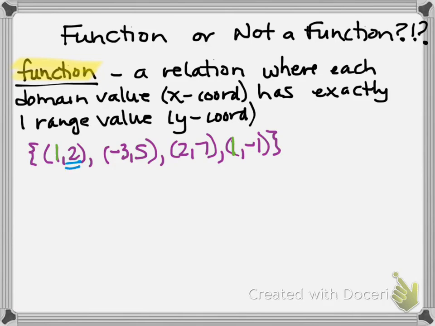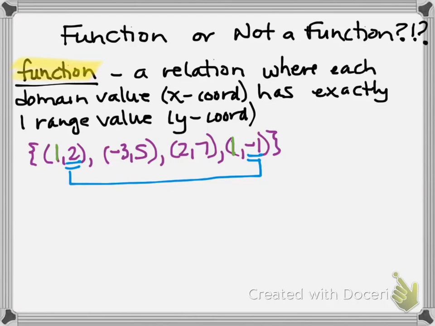The range value for the first one was a 2. The range value for the second time 1 showed up was a negative 1. Does that meet the definition that there's exactly 1 range value for that domain value? Those are the same? Okay. Yes or no? No.